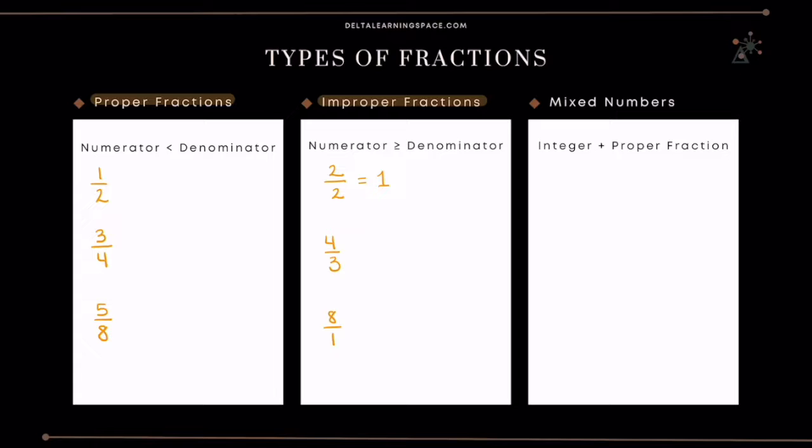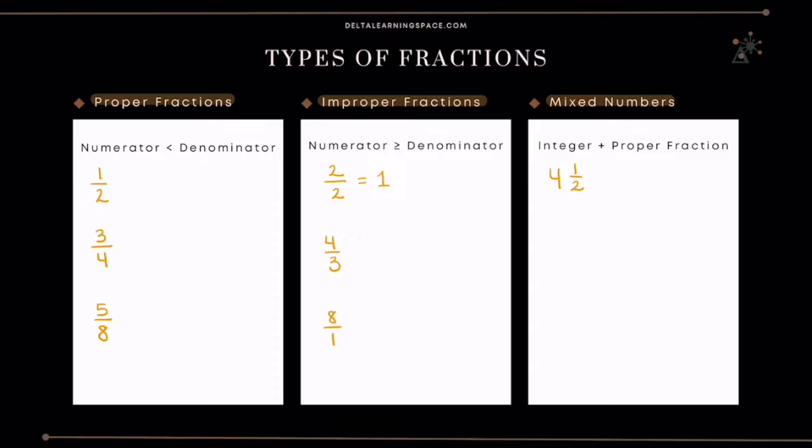Our final type of fraction will be our mixed numbers. Mixed numbers will be an integer plus a proper fraction. Our first example will be 4 and 1/2. 4 is our integer value, while 1/2 would be our proper fraction.